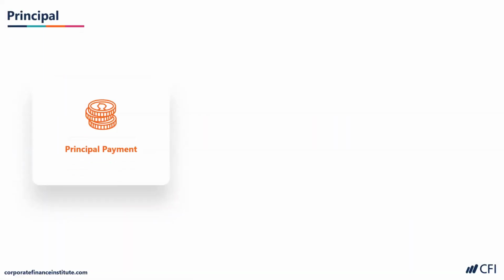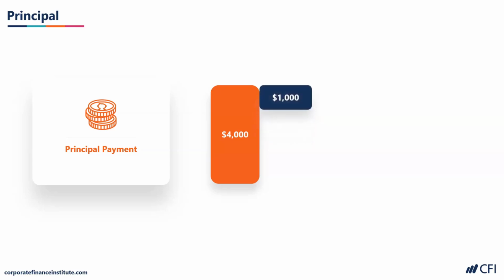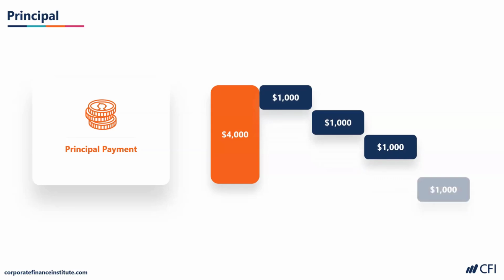So, for example, if a loan with a principal value of $4,000 was lent to a customer with a 4-year repayment period, and they were equally amortizing or equal installments along the way, the client would pay $1,000 each year for 4 years until all of the principal balance of the loan was repaid.